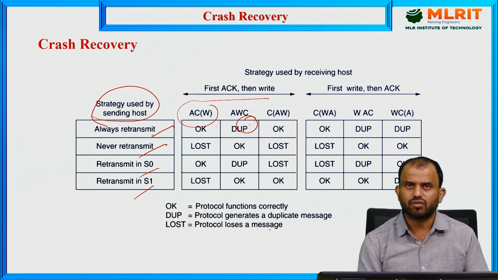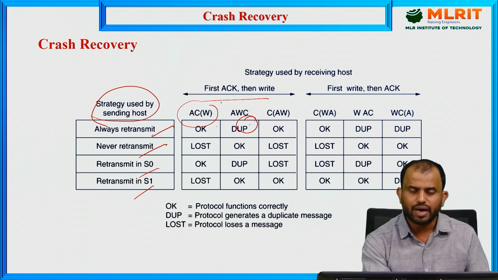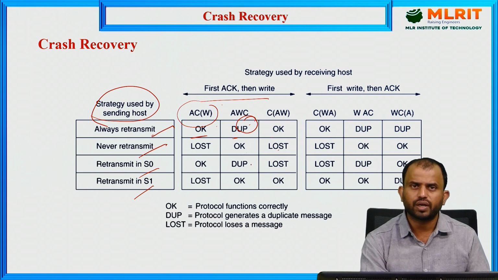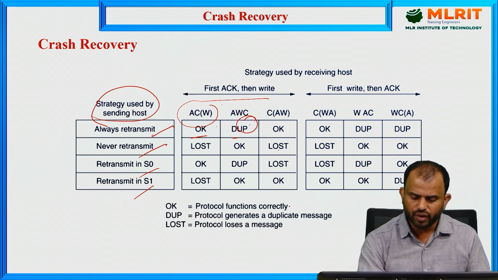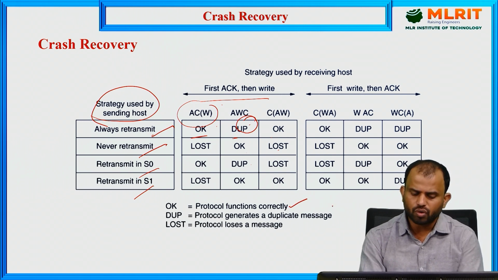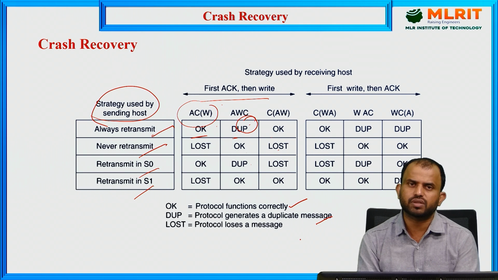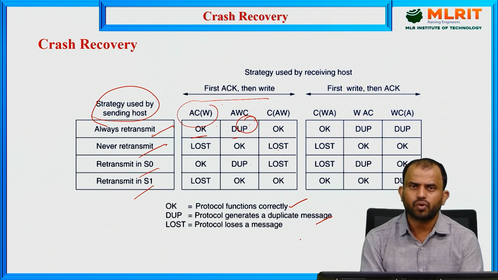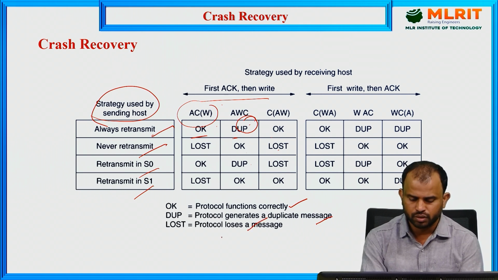With first acknowledge then write, the outcomes are OK, duplicate and lost. Here OK means the protocol functions correctly, duplicate means the protocol generates a duplicate message, and lost means the protocol loses a message.